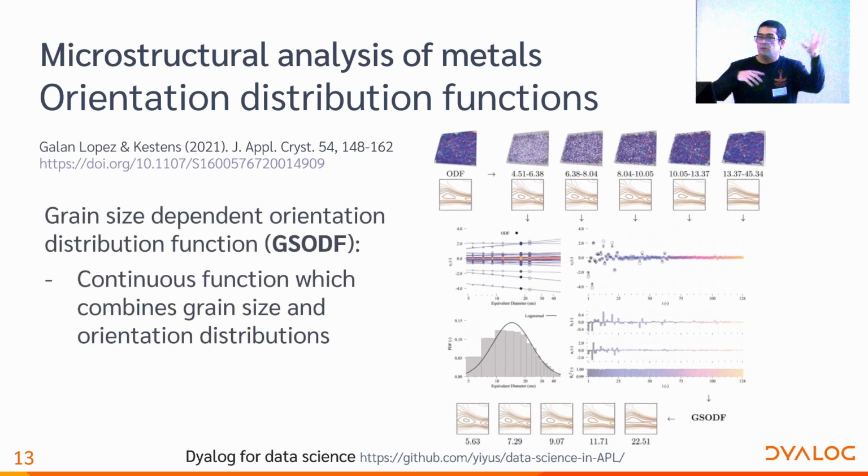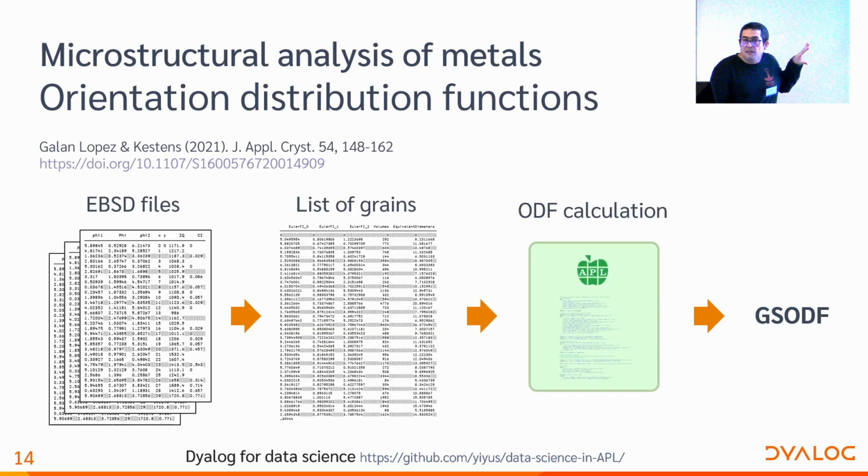And putting all this together by some mathematical artifacts, we get a continuous function that correlates the orientations and the grain size. I guess you are a bit lost, but all I want to explain is that this is just a data science problem. We have the data coming from the microscope. Going to the grains is some kind of aggregation, it's a group by.